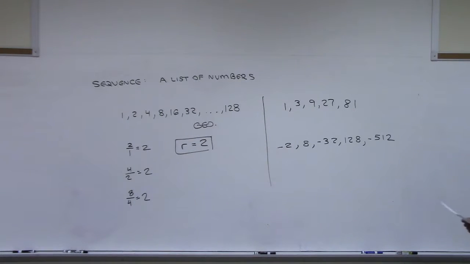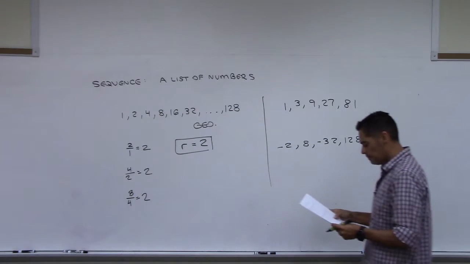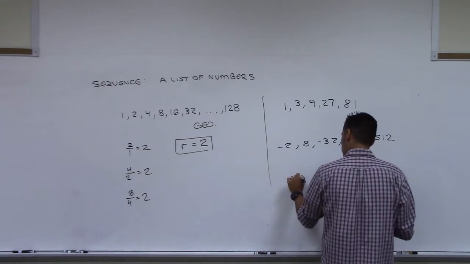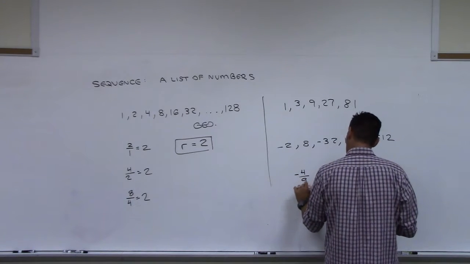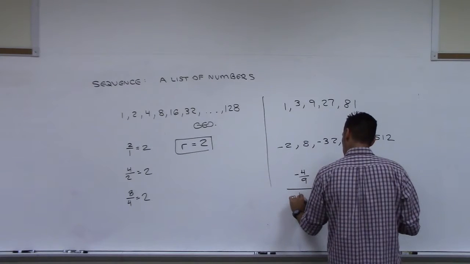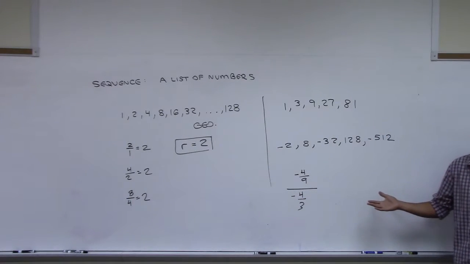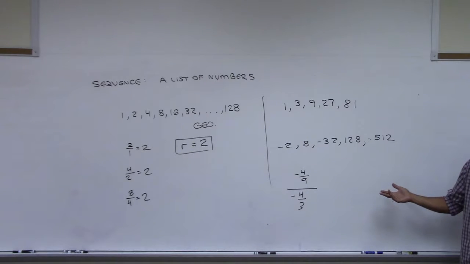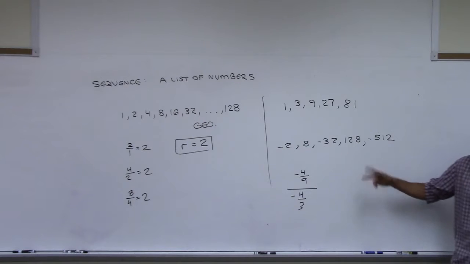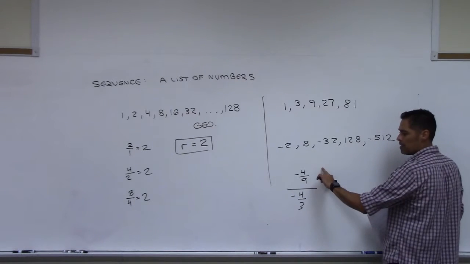What about that last one? Is it 1/3? Let's just double check our math here. If we do -4/9 and divide it by -4/3, you need to make sure you're comfortable dividing a fraction by a fraction. So how do you do it? You flip it? Okay, so you take this one, flip it up, and multiply.